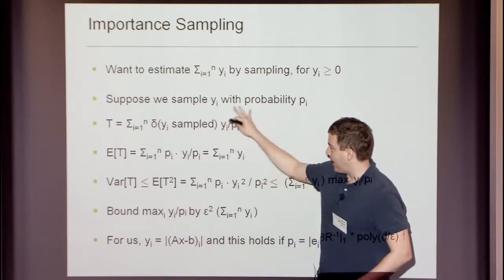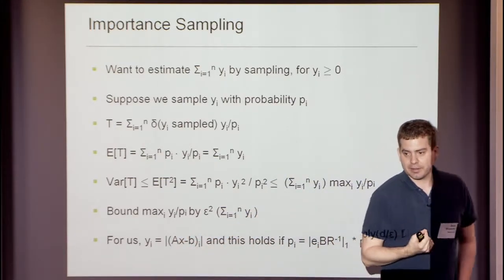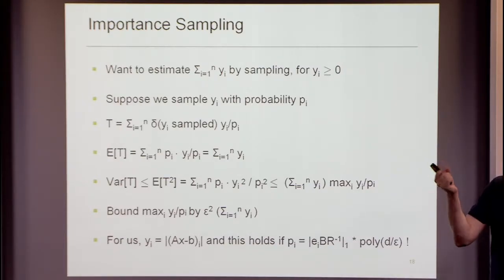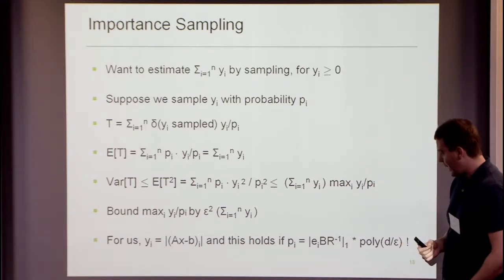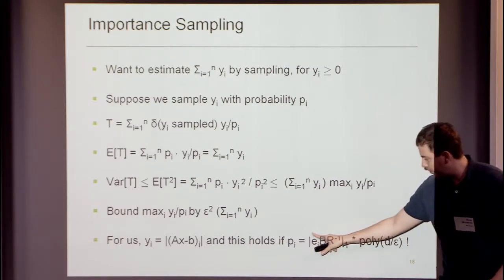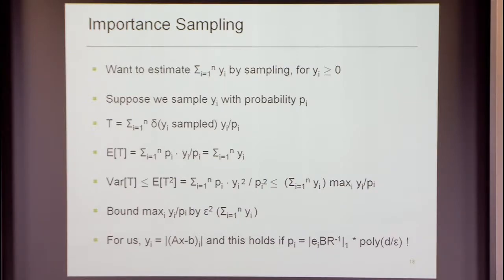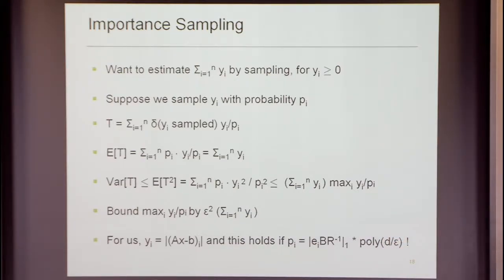And I'm trying to use sampling to approximate the one norm of Ax minus b for a fixed x. And I can't just uniformly sample the coordinates, right? So I instead do this importance sampling. And it turns out that if you set the probabilities, these p_i's, to be proportional to the one norms of the rows of this well-conditioned matrix, A R inverse, times a poly(d/epsilon) factor, then this importance sampling actually works.